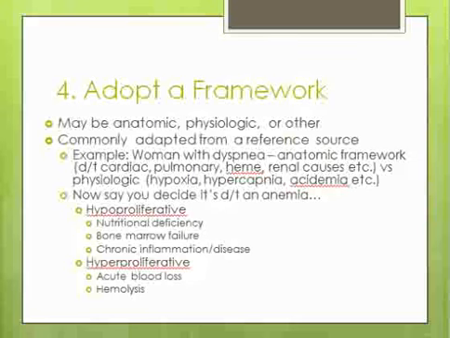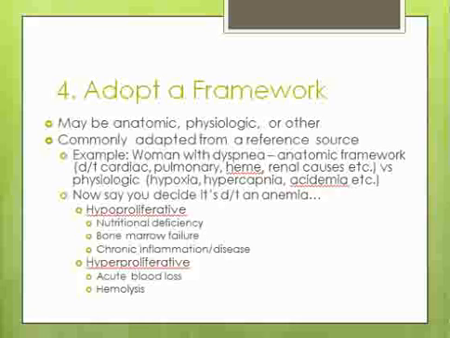And think through in your head system by system. That would be an anatomic approach. Versus physiologic would be hypoxic causes, hypercapnia causes, acidemia causes. I generally think it's somewhat easier to go through an anatomic framework, but depending on what the chief complaint is, switching back and forth between an anatomic and physiologic framework can make more sense.